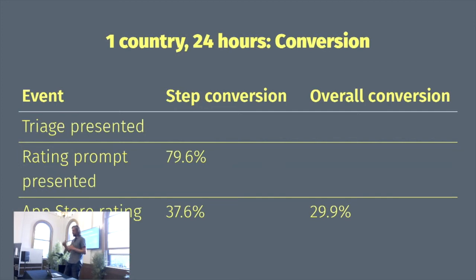We present the triage, and about 80% of the people that we showed that to said, yes, I enjoy the app. So our user model for what a happy user looked like was pretty good. And then from those people that we showed the rating UI, 37.6% actually gave us a rating in the App Store, which gave us an overall conversion of 30%, which we were pretty happy with.